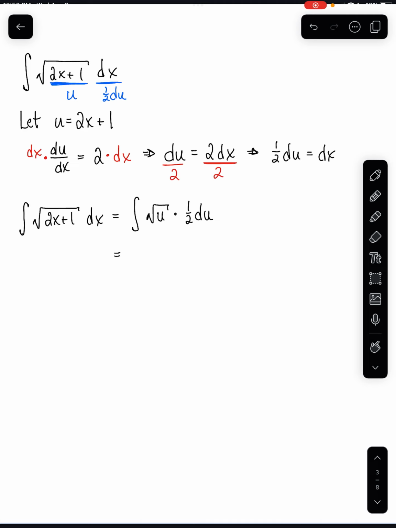From this point, integrating it should be relatively easy. We can do a few things, like bring the 1/2 out in front, and write the square root of u as u to the 1/2, so that we can use the power rule. So we have the 1/2. We add 1 to the power and get u to the 3/2 over the new power 3/2 plus c.